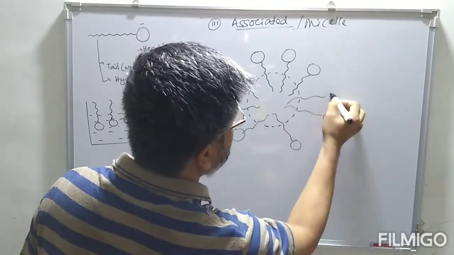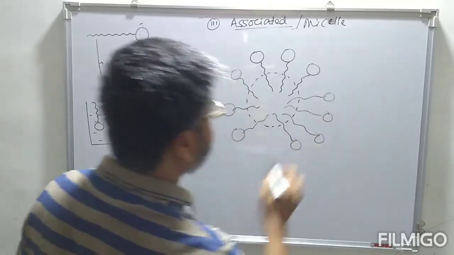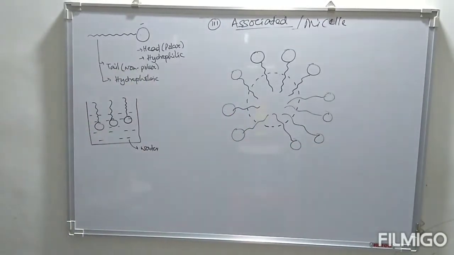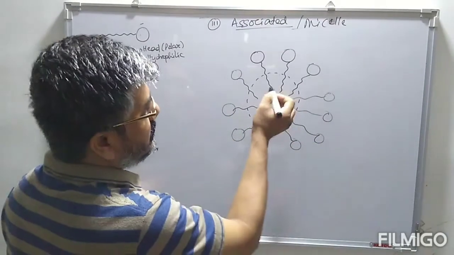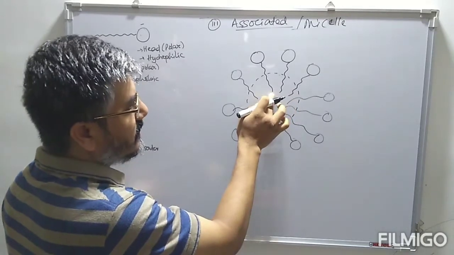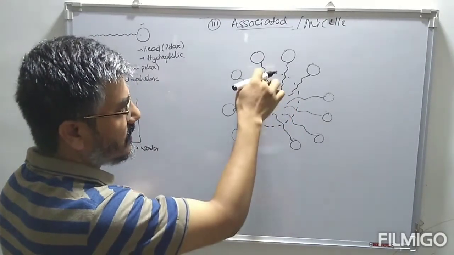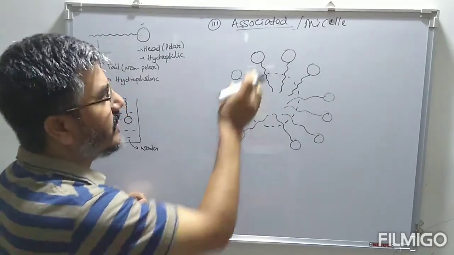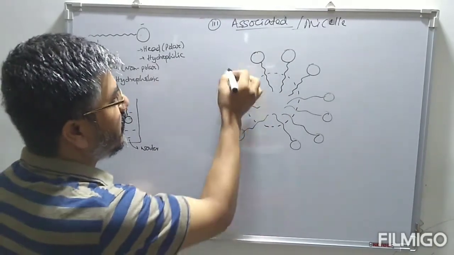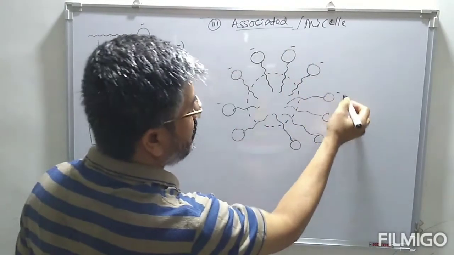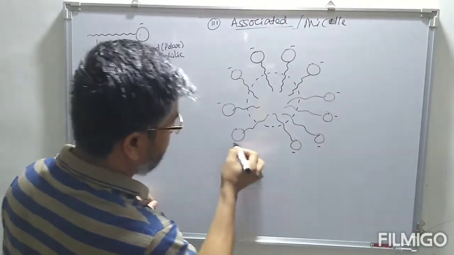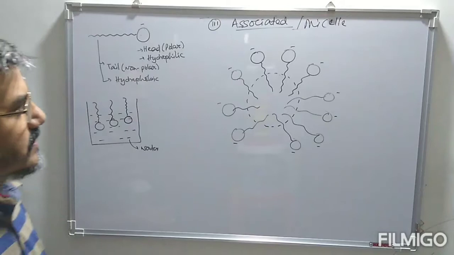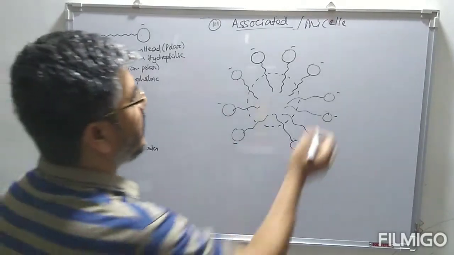Now this results in the formation of a spherical shape. This is the hydrocarbon tail, which is pointing away from the bulk, inside the center of the sphere, and this hydrophilic part being water soluble remains in the bulk, resulting in formation of this spherical structure.